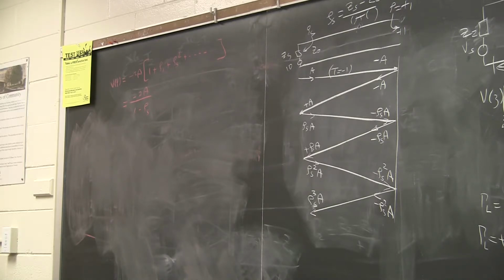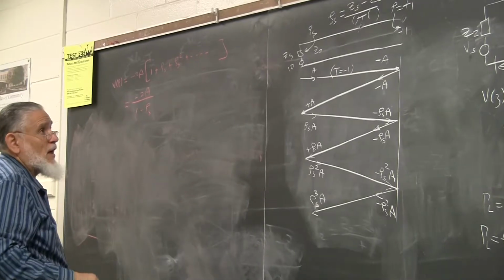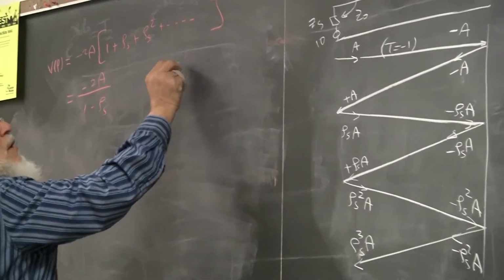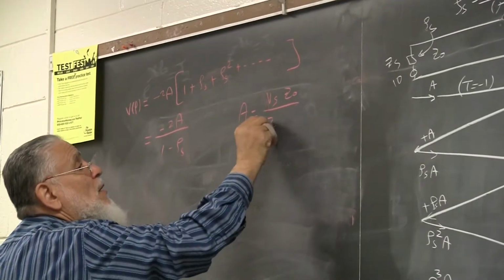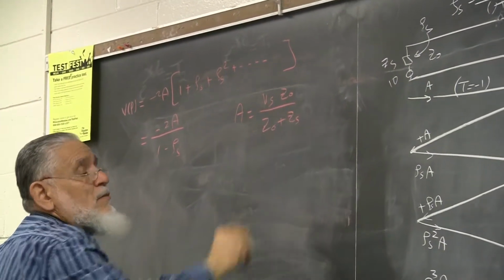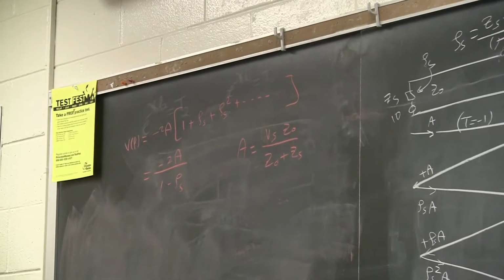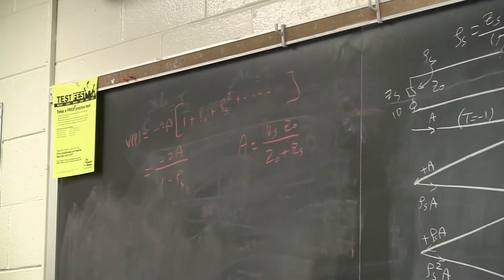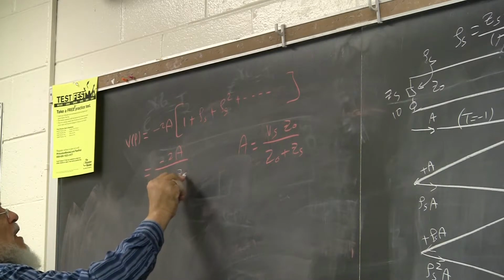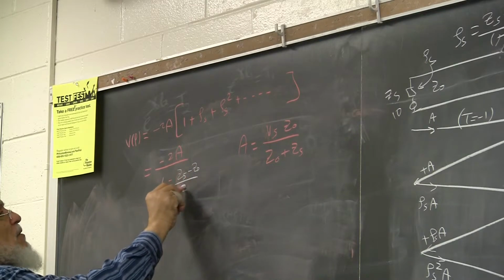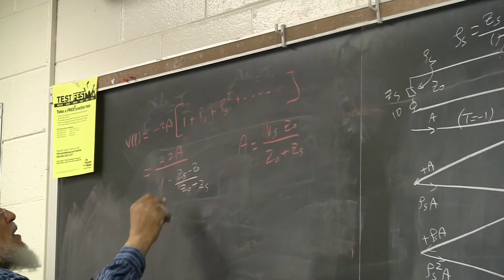Done. I have the A. How much was the A? It was Vs times Z naught divided by Z naught plus Zs. If you work out things here, put rho S as Zs minus Z naught divided by Z naught plus Zs, you end up with what?